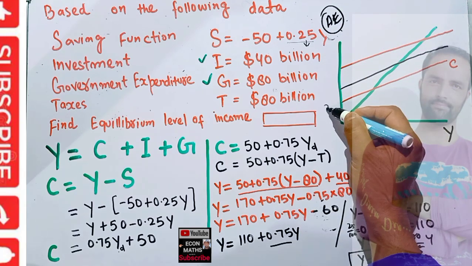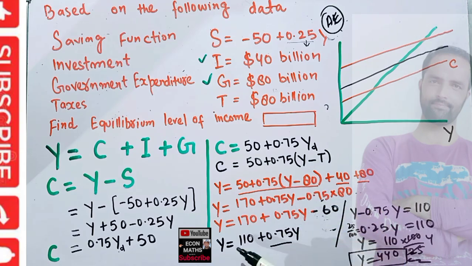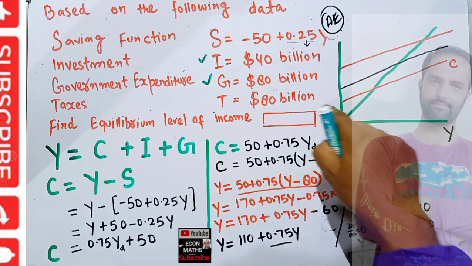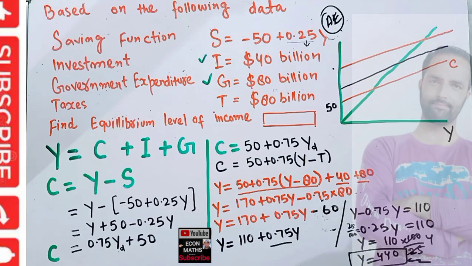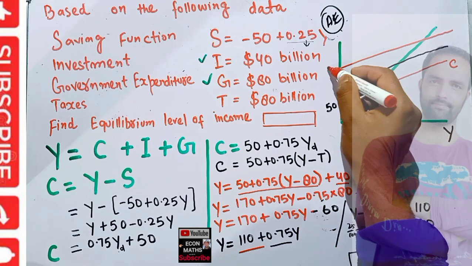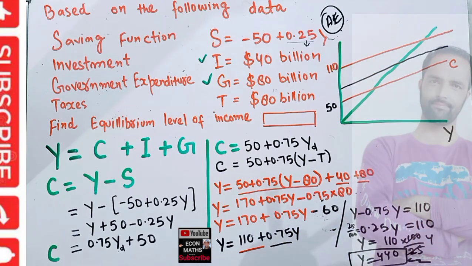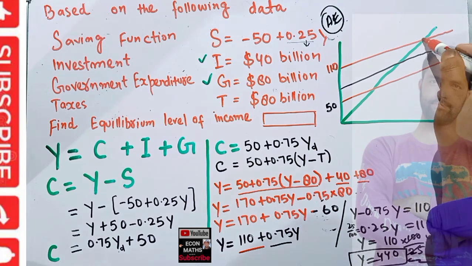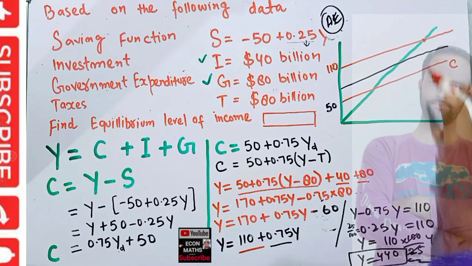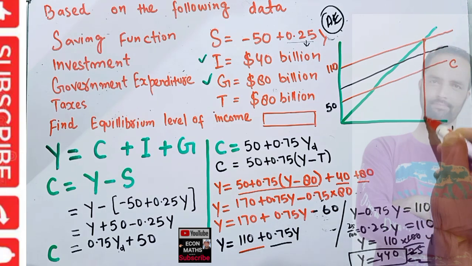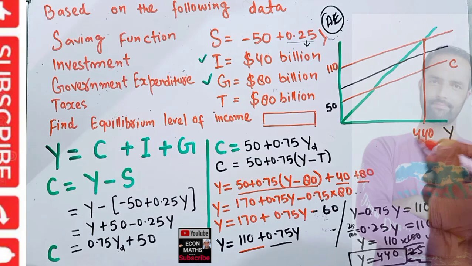Initially our consumption function has the intercept of 50 here. Okay, then our aggregate expenditure reached a level where the intercept was 110. Okay, and our equilibrium level of income will be where this 45-degree income line intersects our expenditure line, and it happens where our income is $440 billion.